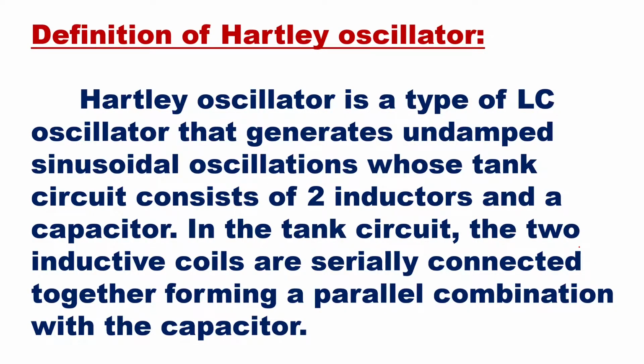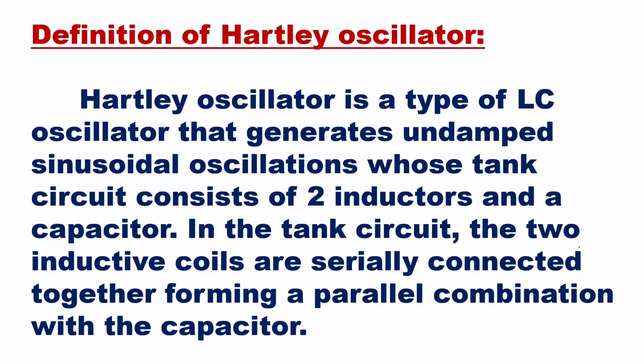So here we'll see first the definition, and then we will go to see the circuit diagram. In the definition, we'll see that the Hartley oscillator is a type of LC oscillator, that is inductance and capacitance connected in parallel, that is a tank circuit.